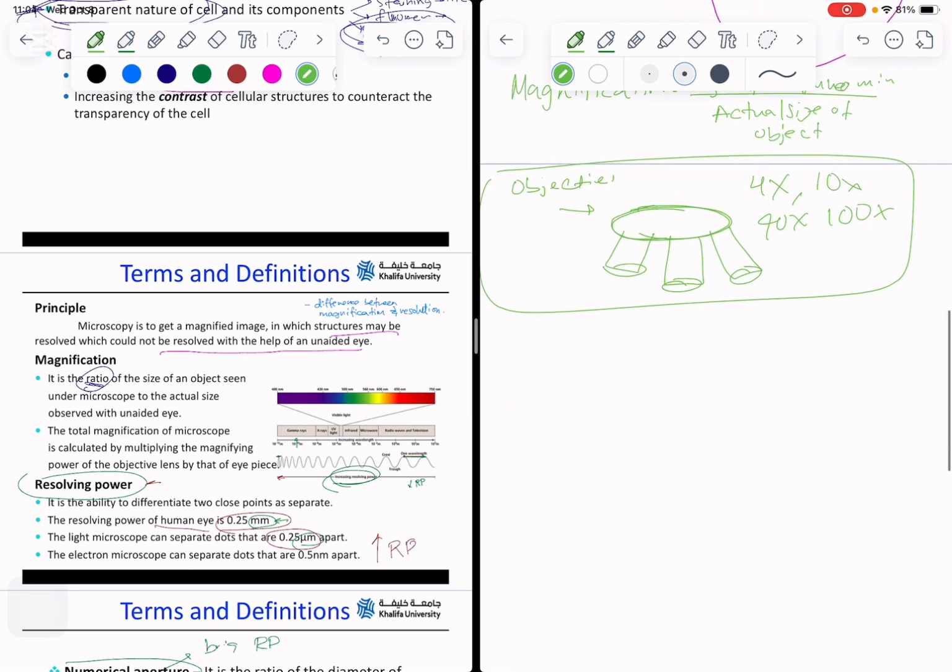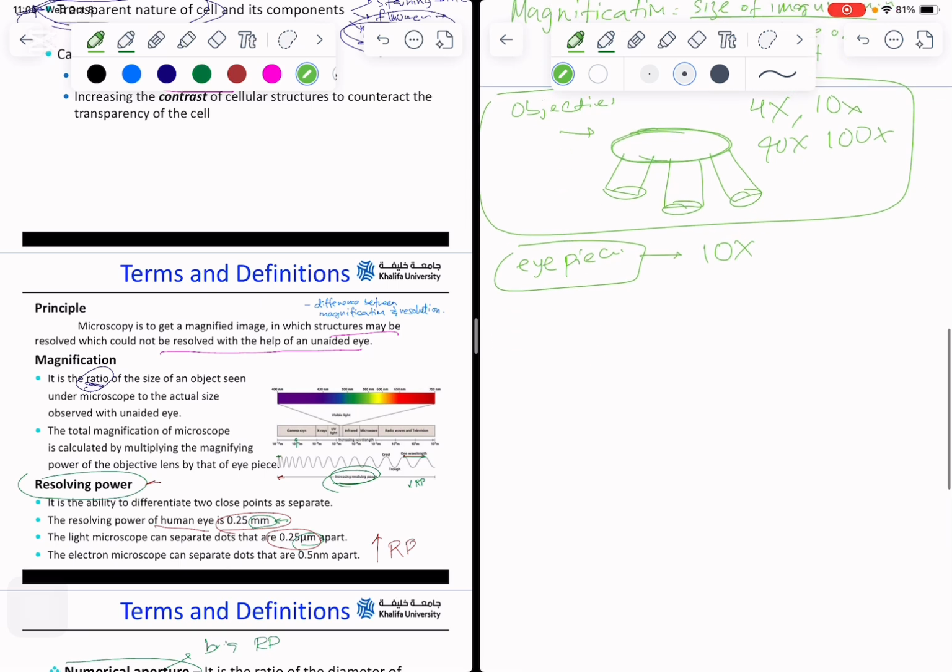The other lens that we use is the eyepiece, or the ocular. This is usually fixed in normal microscopes, though in advanced microscopes I think it could change. It's normally 10x. So there is another magnification called the total magnification.